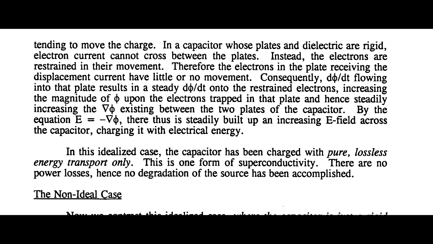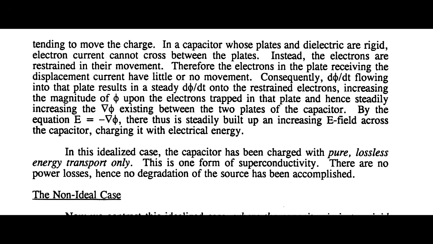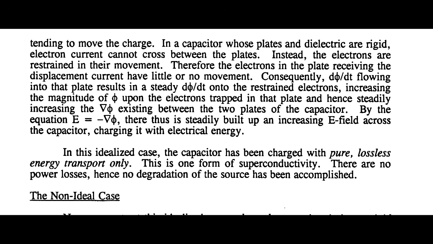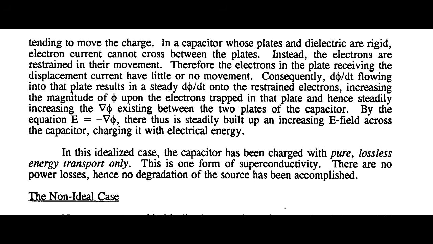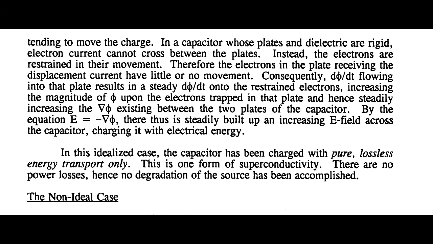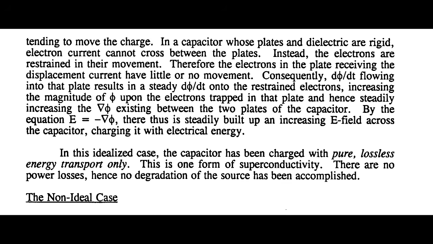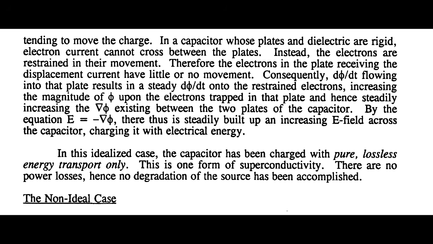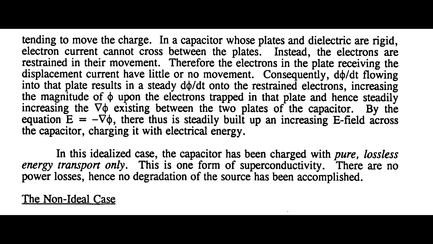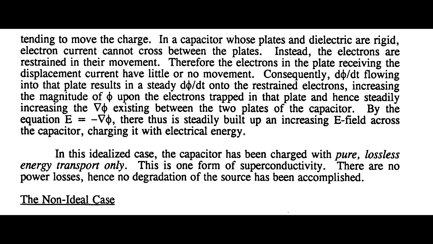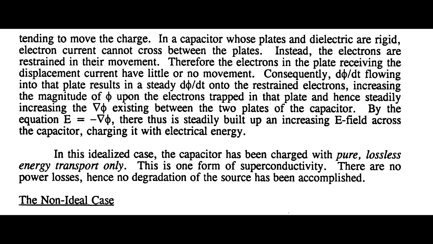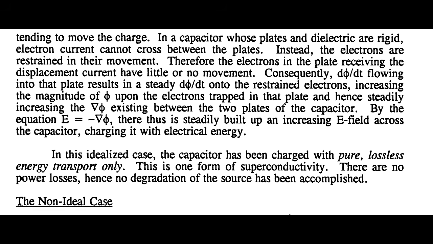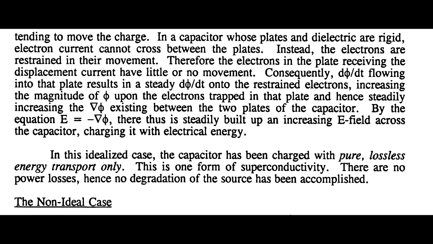Consequently, dφ/dt flowing into that plate results in a steady dφ/dt onto the restrained electrons, increasing the magnitude of φ upon the electrons trapped in that plate, and hence steadily increasing the Δφ existing between the two plates of the capacitor by the equation E = -∇φ. There is thus steadily built up an increasing E field across the capacitor, charging it with electrical energy.